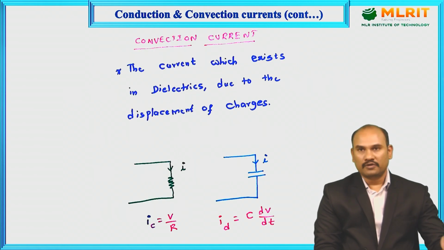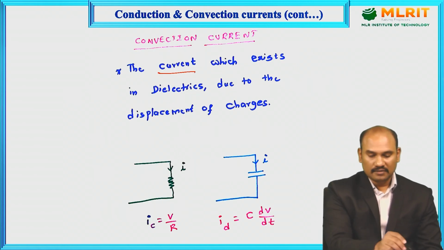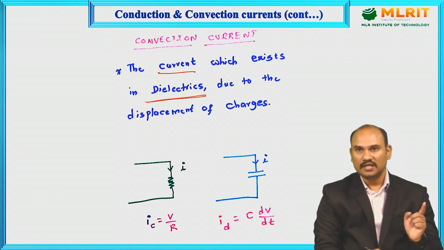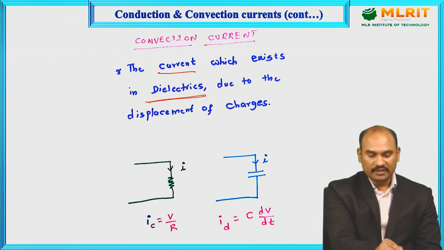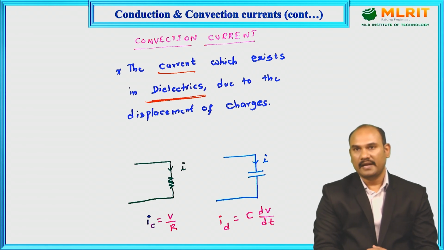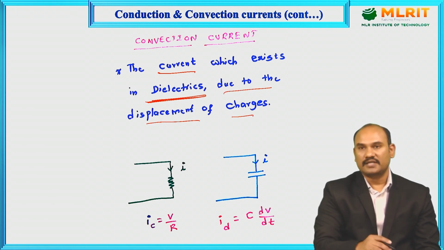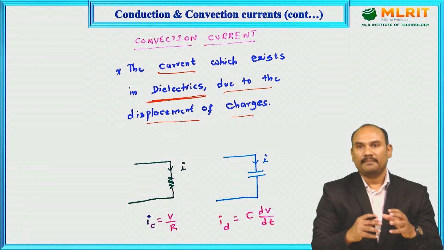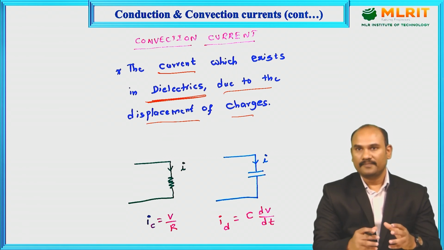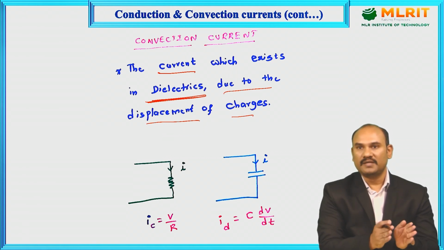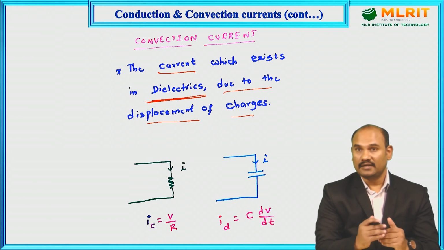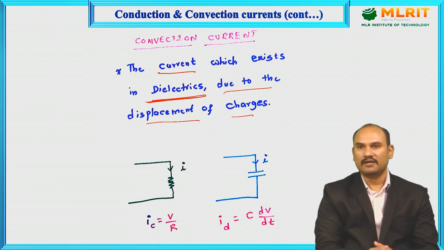Now, moving forward, what is this convection current? It's also a current which exists in dielectrics. Previous current was existing in conductors. Convection current is existing in dielectrics. Now, this is due to the displacement of charges. Due to the presence of electric field, there is a displacement of electric charge carriers. Basically, we say electrons.